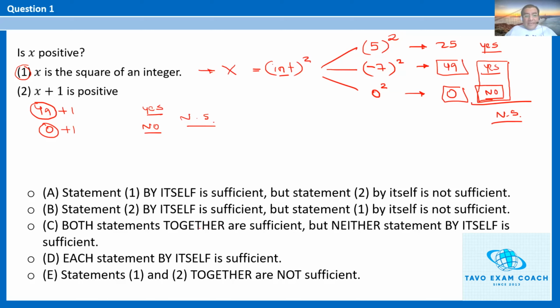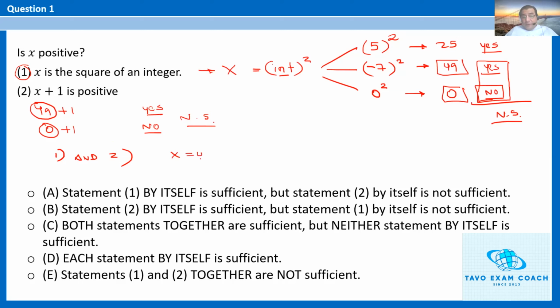So, in this case, when we evaluate statements 1 and 2 together, we still have a number x, for example, that is the square of an integer, that is, for example, 49, and that plus 1 is positive.